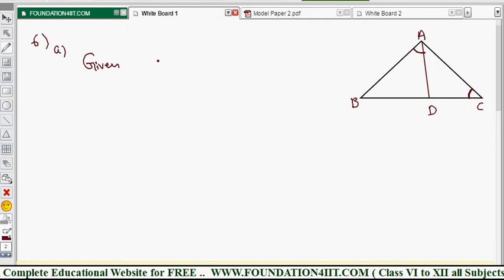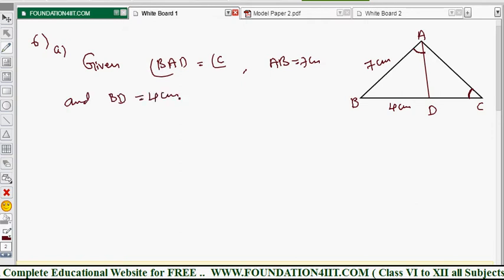Given angle BAD is equal to angle C, that means BCA. AB is equal to 7 centimeters and BD is equal to 4 centimeters.